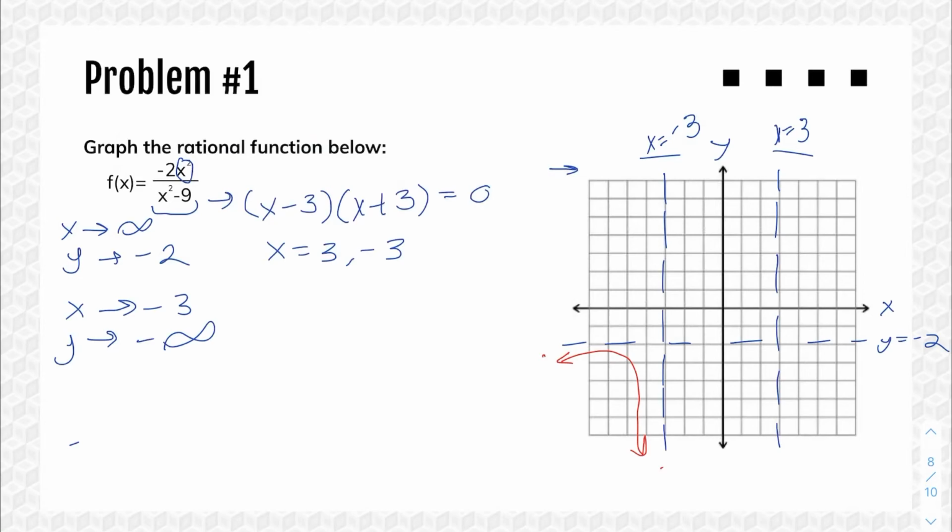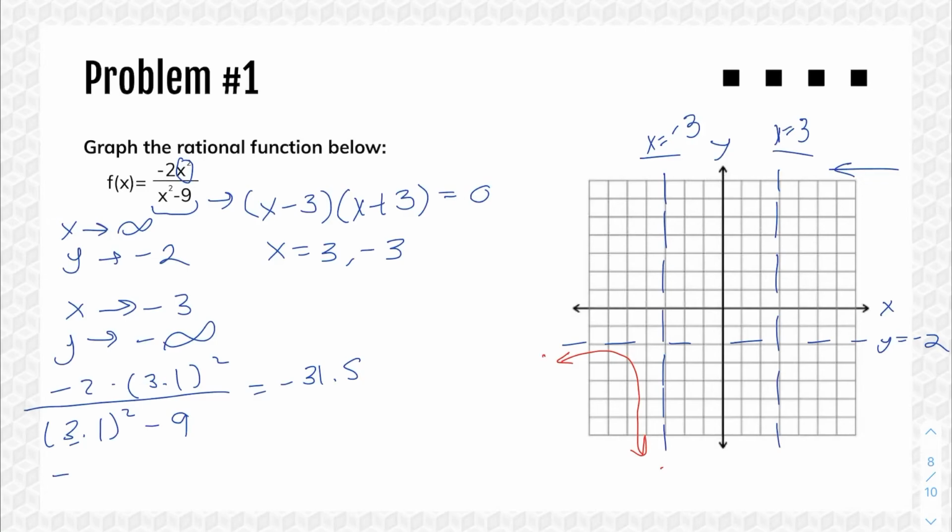Now let's continue and do the same for x equals 3. We will be approaching this value from the right side. So we shall input the value of x as -2 times 3.1 squared over 3.1 squared minus 9. That will also get us -31.5. Now let's get even closer.